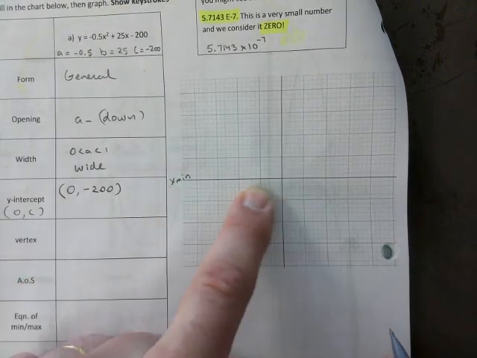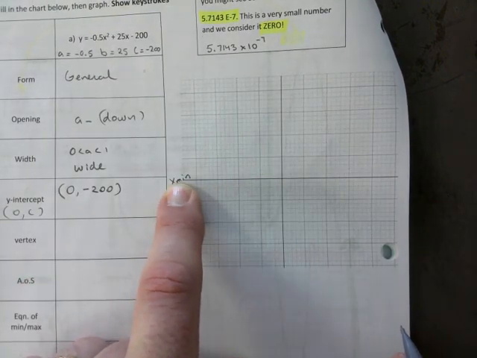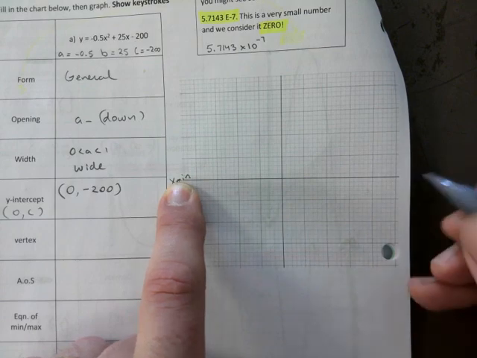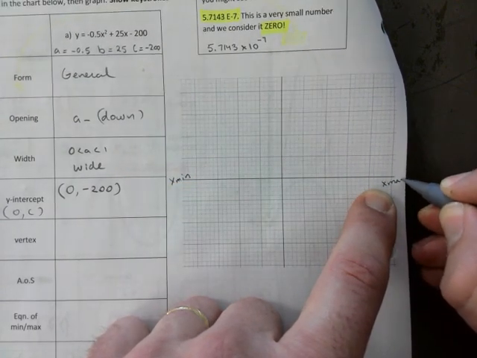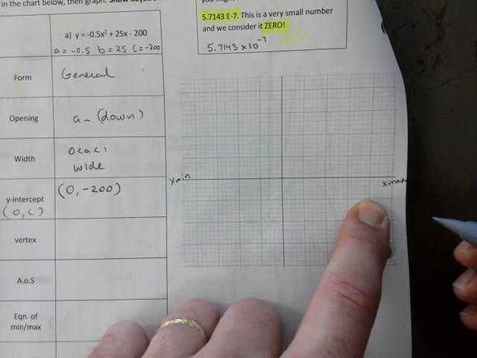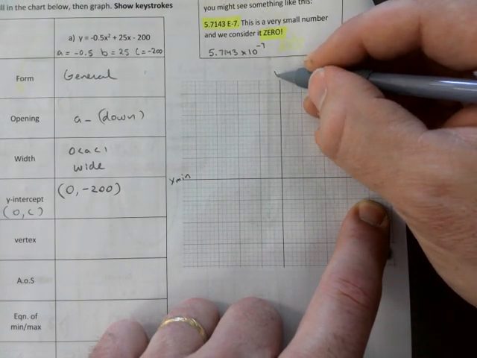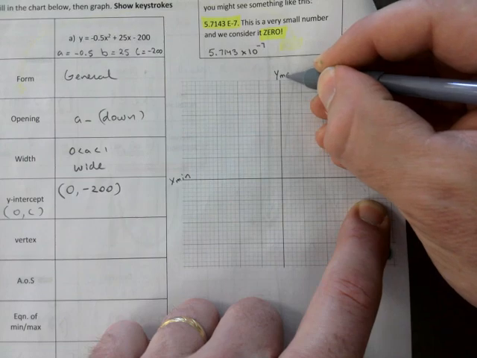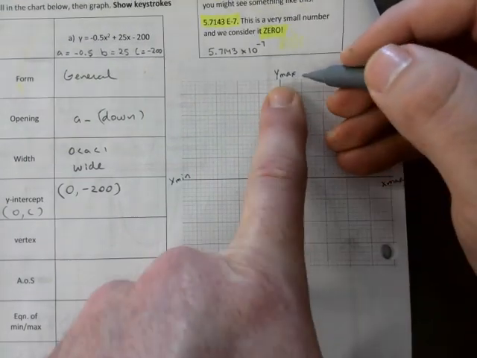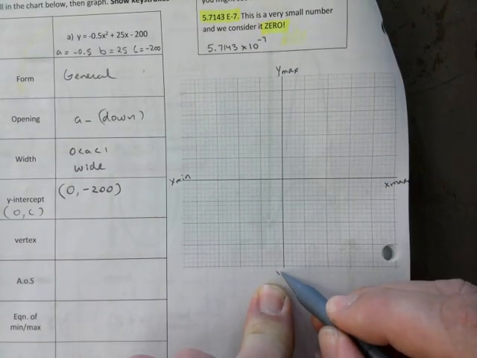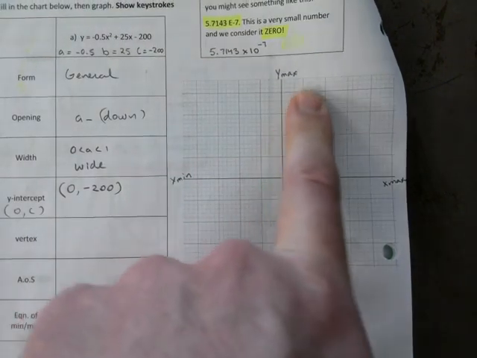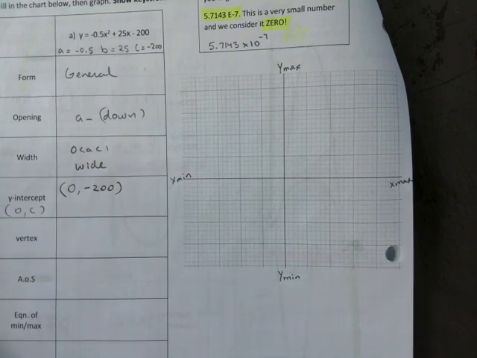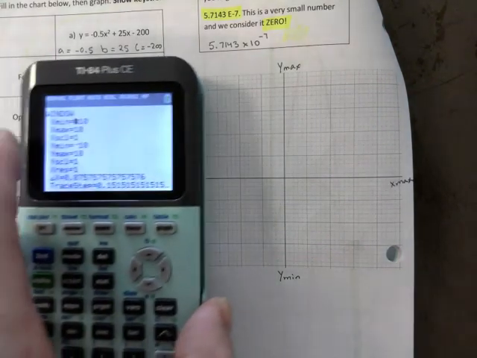That's telling the calculator, show me all the way up to here. Then you go X max on the right side for now. Up here, you're going to have Y max. And down here, you're going to have Y min. That's what these parameters do. Okay, they make you see more.